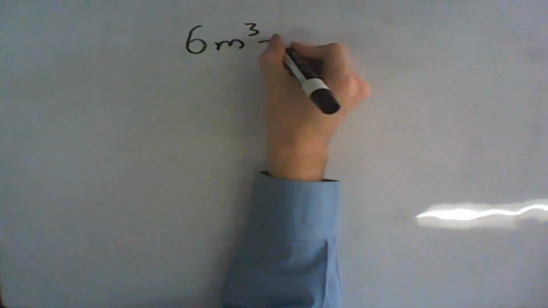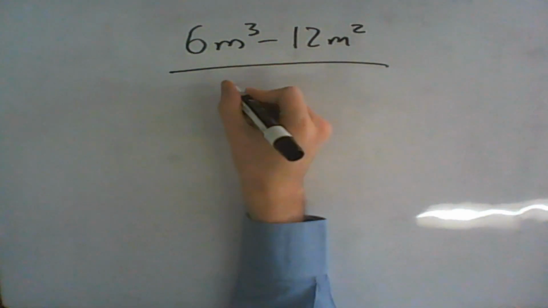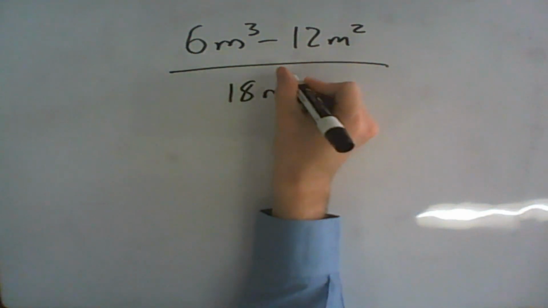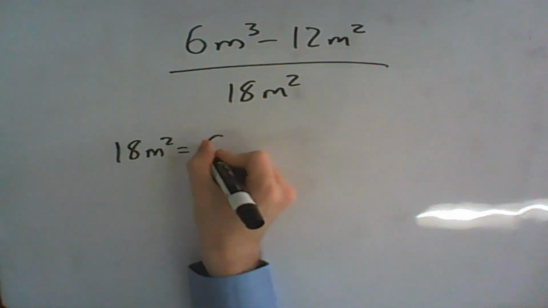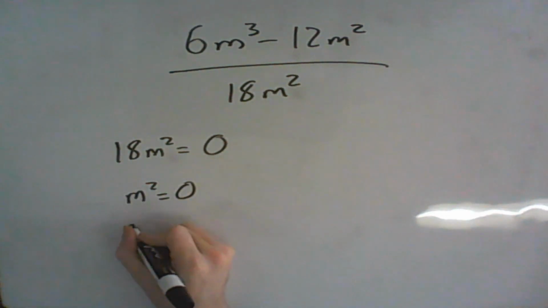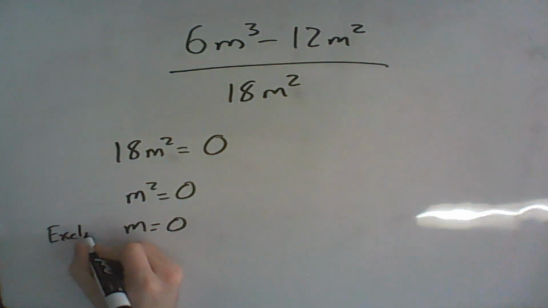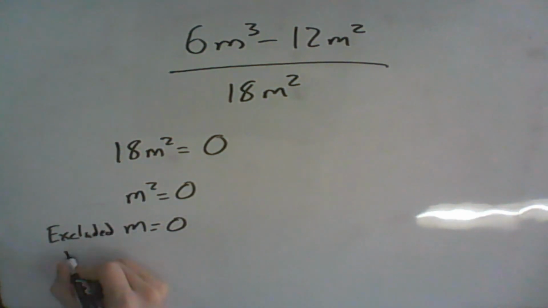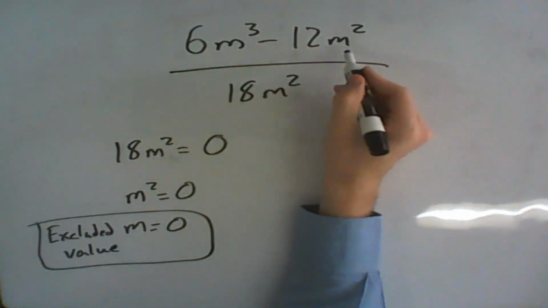6m cubed minus 12m squared over 18m squared. First step, 18m squared equals 0. So m squared equals 0. M equals 0. So this is excluded value. Then we need to factor the top.